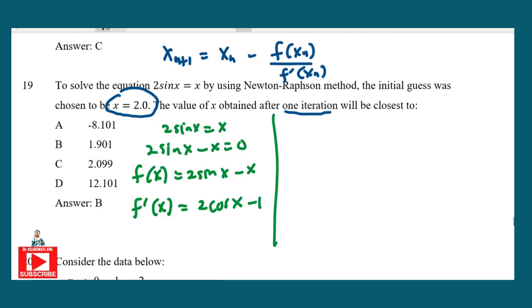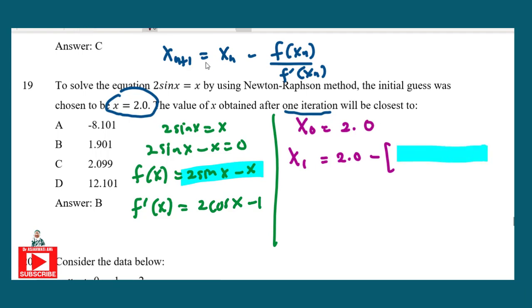Given x0 is equal to 2.0, x1 is equal to 2.0 minus f(x), that is 2 sin 2.0 minus 2.0, over 2 cos x minus 1, that is 2 cos 2.0 minus 1.